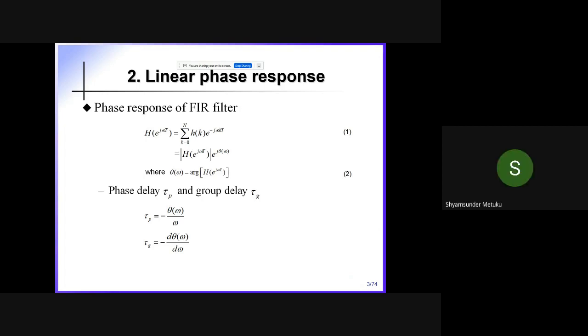Then the line is going through the origin. So here also c equal to 0, theta omega is equal to minus omega tau p. So here y equal to mx, no? What is m? What is x? Can you tell me? m will be tau p. x will be your variable, which is omega, isn't it?